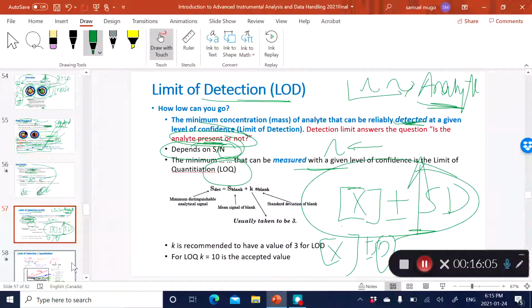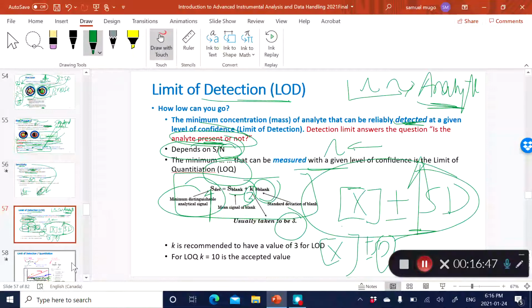All right. So if you get a signal, and the signal is equal to the mean of the blank plus 3 times the standard deviation of the blank, that's what you refer to as the limit of detection in signal units. So the limit of detection in signal units is calculated as the blank signal plus k times the standard deviation of the blank, where k is equal to 3.